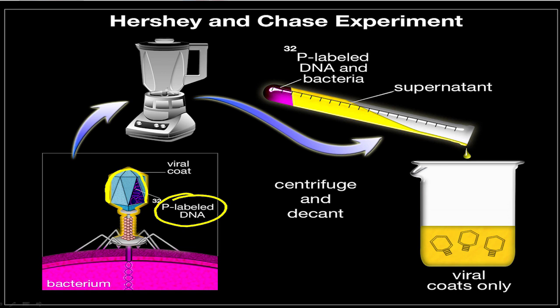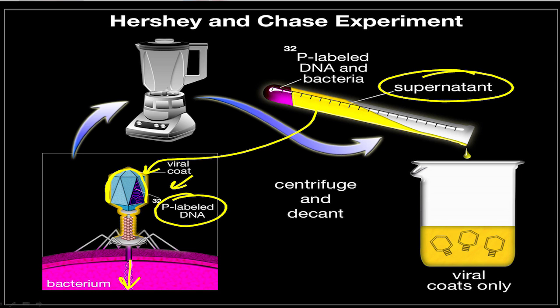Obviously they couldn't see what was literally going on here, but I'm showing you a picture of what's really happening, that the DNA is getting injected into the cell. And after you put it into the blender, the supernatant we made yellow because that has the viral coat and all of the rest of the viral proteins in it. The DNA ended up in the pellet down at the bottom, right?